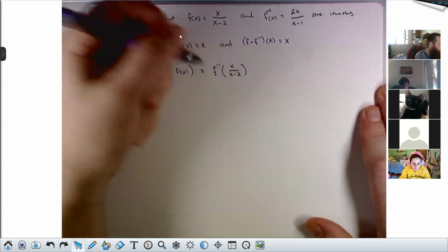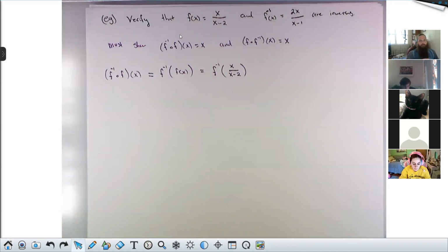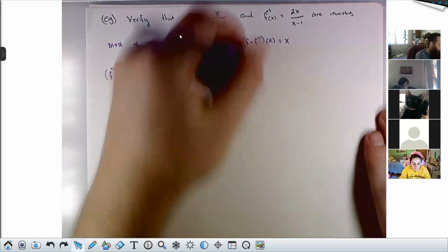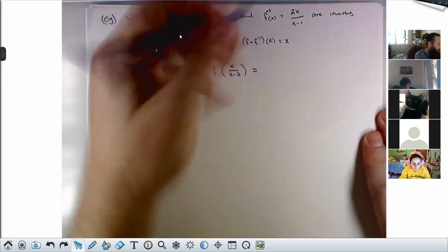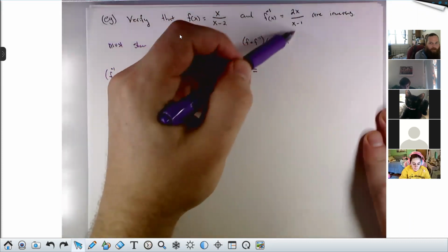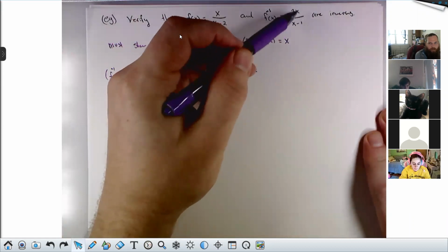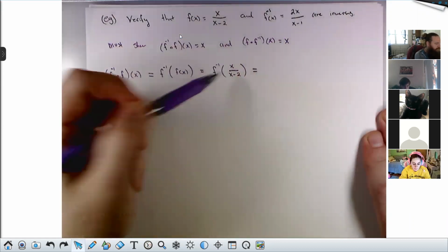There's going to be quite a bit of work with fractions to do here. I'm going to take the formula for f inverse, and everywhere there's an x, I'm going to write x over x minus 2 instead.